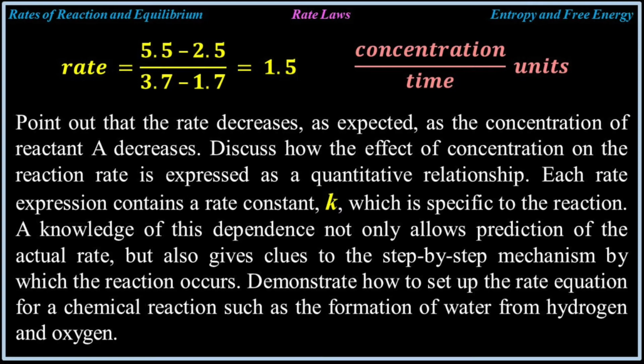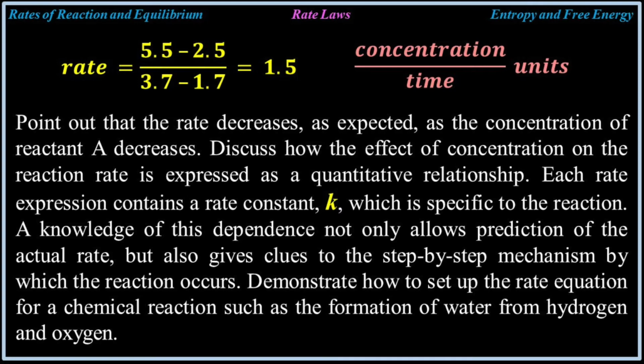Discuss how the effect of concentration on the reaction rate is expressed as a quantitative relationship. Each rate expression contains a rate constant K, which is specific to the reaction. A knowledge of this dependence not only allows prediction of the actual rate, but also gives clues to the step-by-step mechanism by which the reaction occurs.